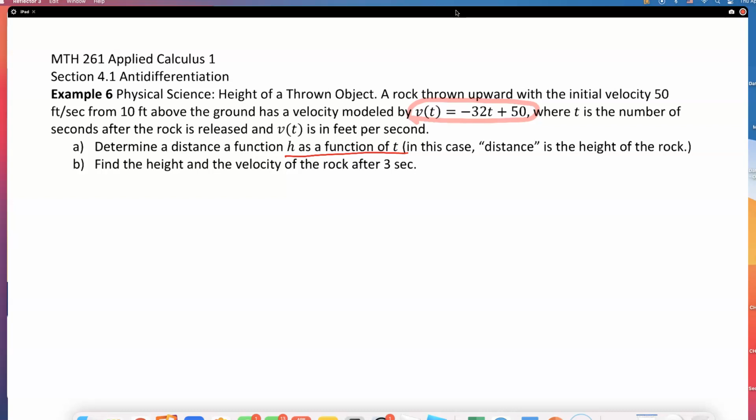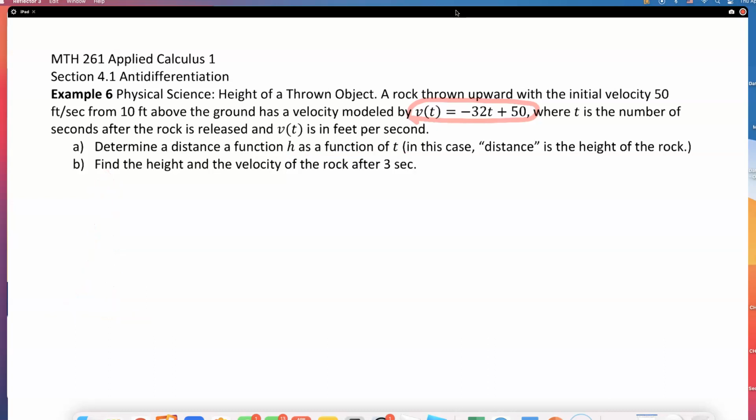When you first throw it upward, it's going to go up, right? But at some point, it's going to come back down. So we can think about the distance as how high this rock is from the ground. So they're using h of t for height.